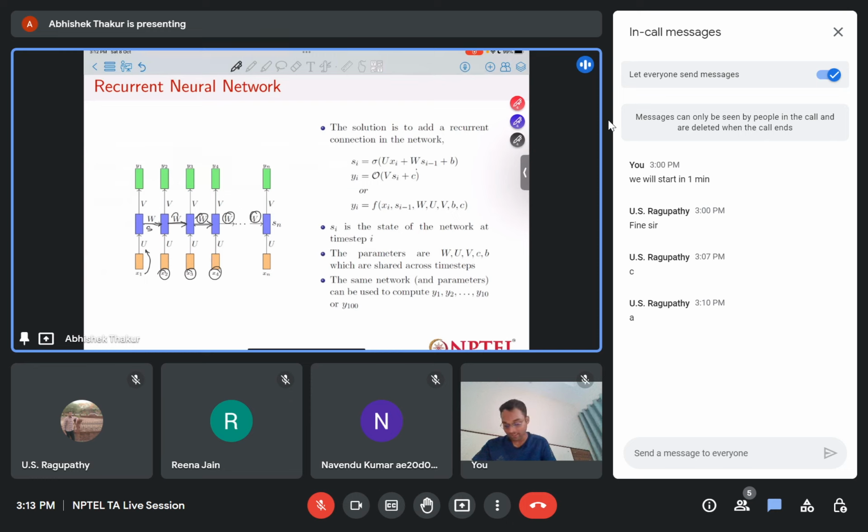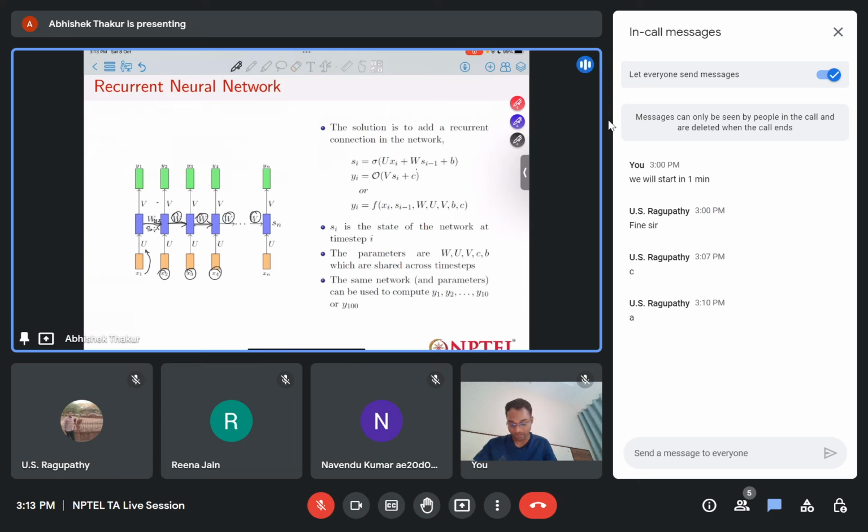For this w, this is si minus 1, and plus the bias, and output is output of vsi, because we got si, so it multiplies with si plus c. So this is our output, that is yi.